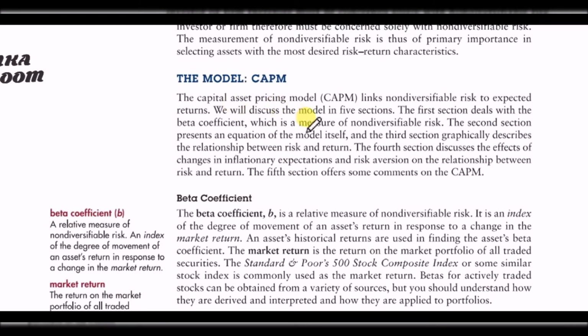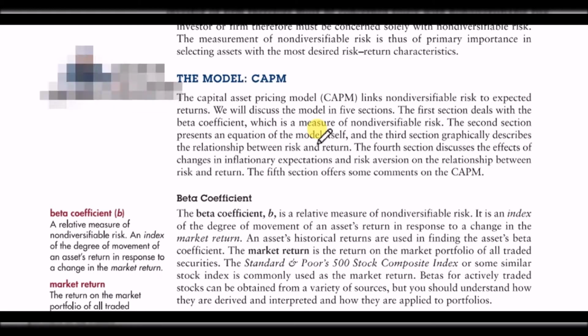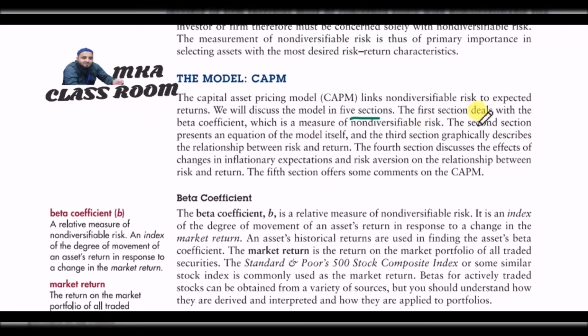The model CAPM, the capital asset pricing model, in short called CAPM, links non-diversifiable risks to expected returns. We will discuss this model in 5 sections. The first section deals with the beta coefficient, which is a measure of non-diversifiable risks.